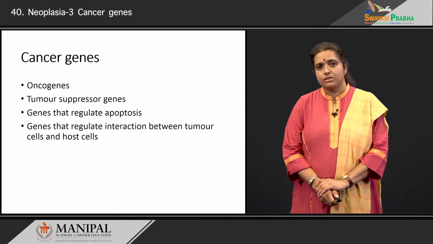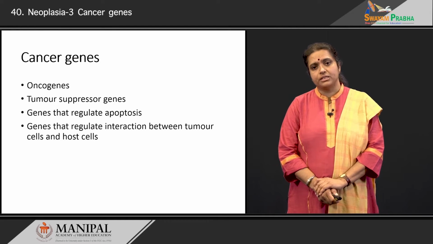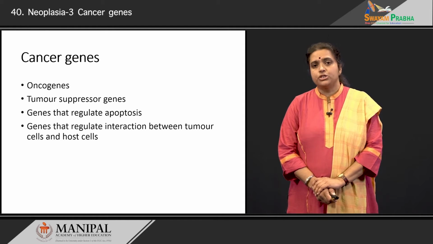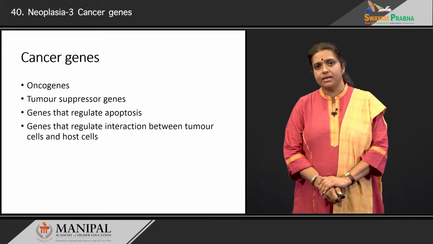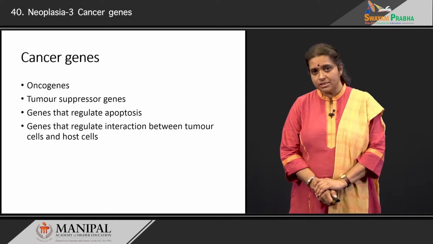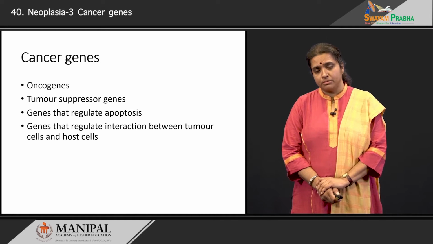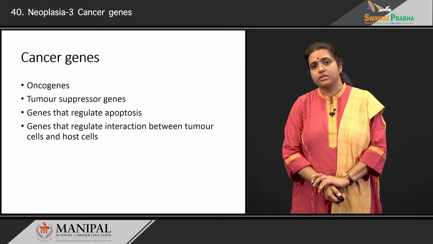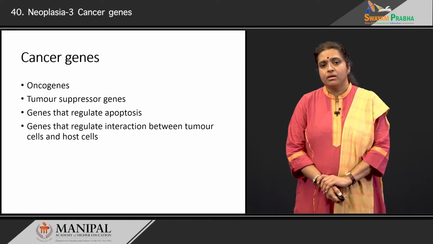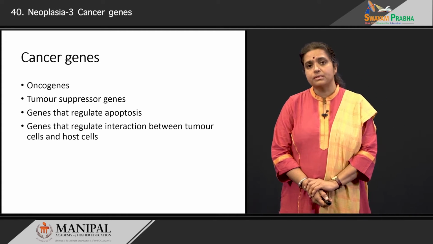The second class of cancer genes are what are known as tumor suppressor genes. Even these tumor suppressor genes are normally found in cells, and when they become altered or when they become lost, because the normal function is lost, the cell transforms into a malignant cell. The third class of cancer genes are genes that regulate apoptosis.